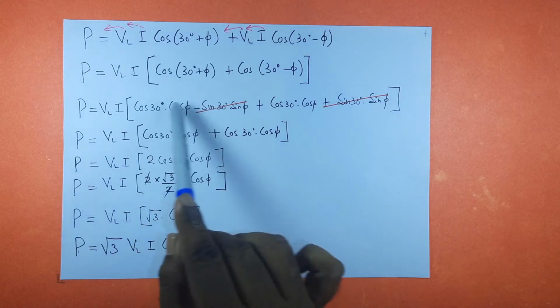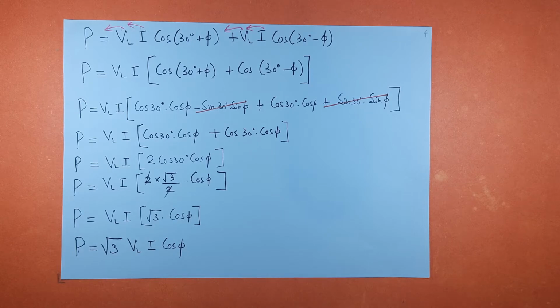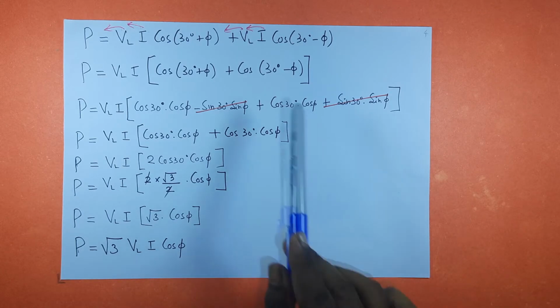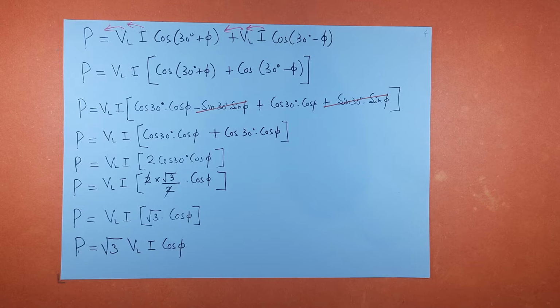You can expand this using the cos of A plus B formula and the cos of A minus B trigonometric identity.